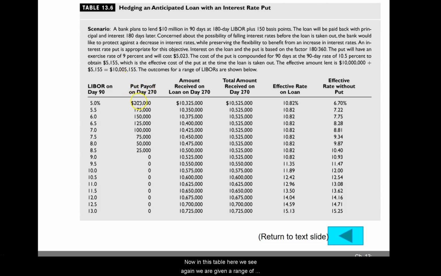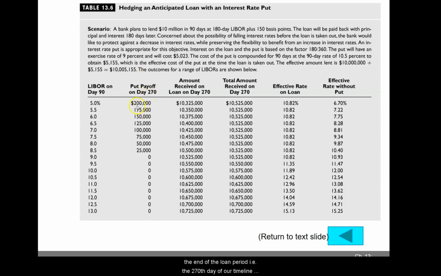Now, in this table here, we see again we are given a range of LIBOR rates that can be there on day 90 when the put option expires. Now, as we know, the interest rate put option provides protection if interest rate is less than the exercise rate. So we see in all these cases, the put option here has positive payoff. And remember, these payoffs will be paid at the end of the loan period, that is the 270th day of our timeline.